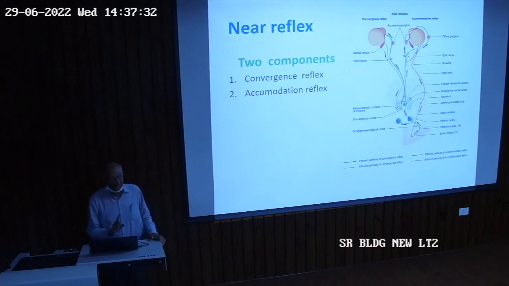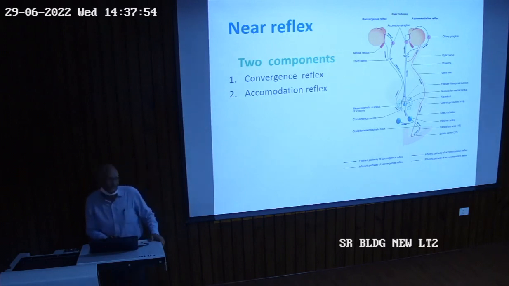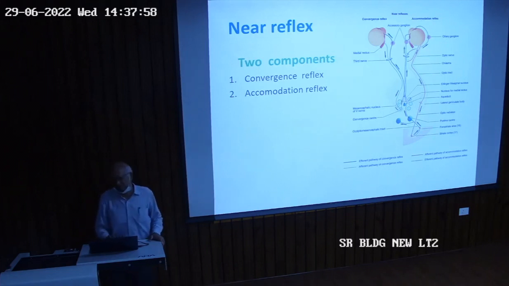In the convergence reaction, the afferent goes over the convergence center and then the Edinger-Westphal nucleus. In accommodation, it goes to the visual cortex, then the occipito-mesencephalic and pontine tract, the pontine center, the Edinger-Westphal nucleus, and then the accommodation of the lens through the ciliary muscles, along with constriction of the pupil.